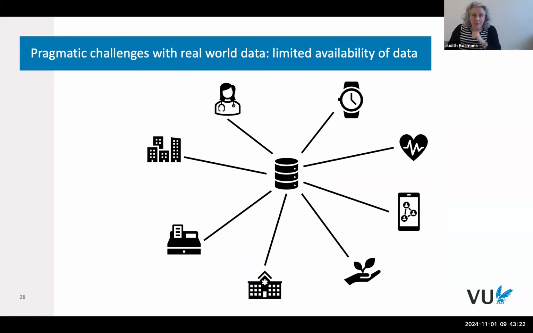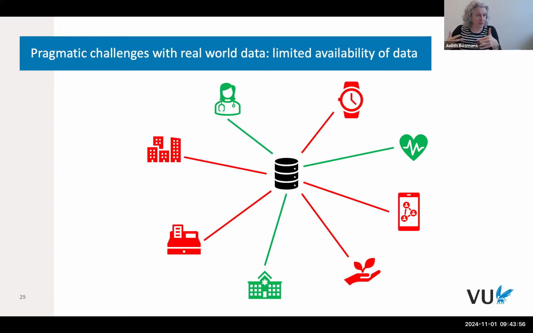The other thing is that there may be lots of types of data, but you are probably not able to use all types of data. So you have to make choices. Maybe it's possible to link hospital data, primary care data, and some health outcome data that you can collect from patients, but it's not possible to, for example, also link absenteeism data from paid work, or maybe healthcare insurance data or environmental data.